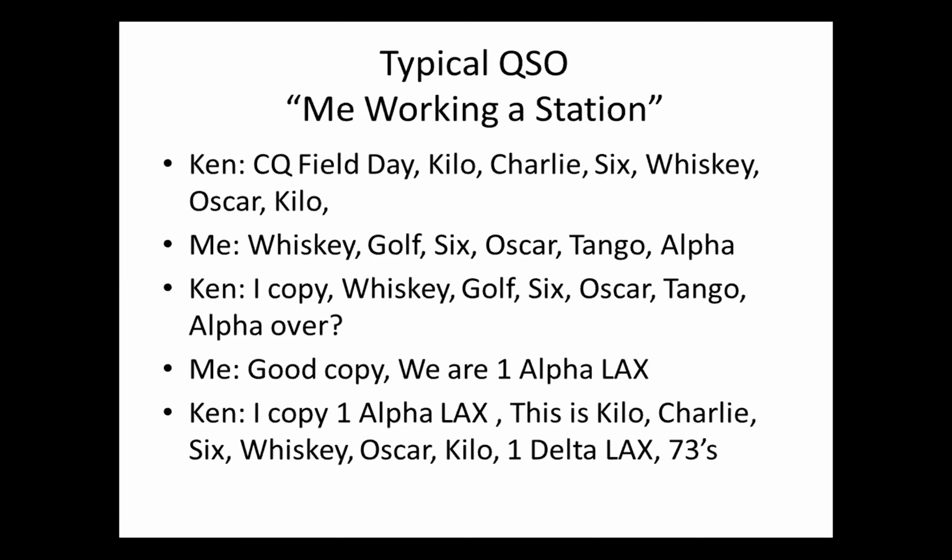So what I've done in the past is I have a little notepad. And what I'm doing is I'm listening to him call out the CQ Field Day over and over again, and listening to other people make that contact. I can already get the information that I need from that.